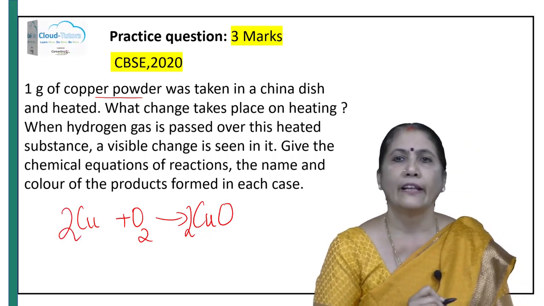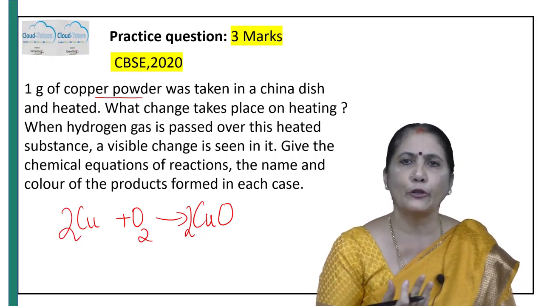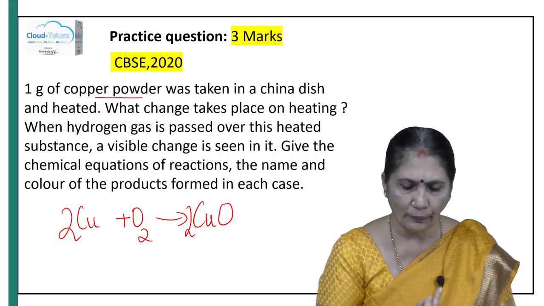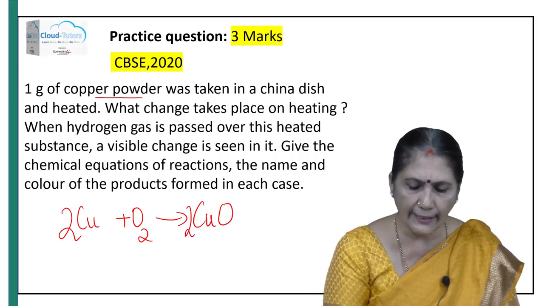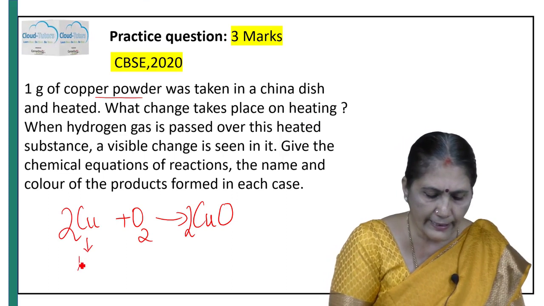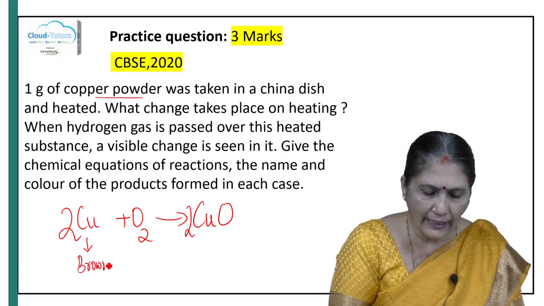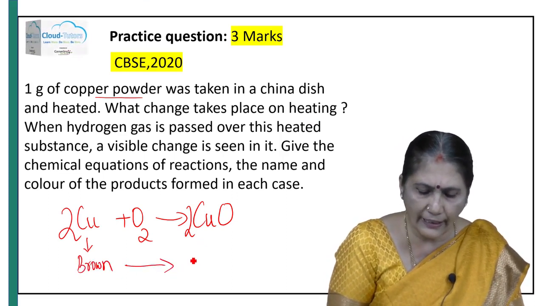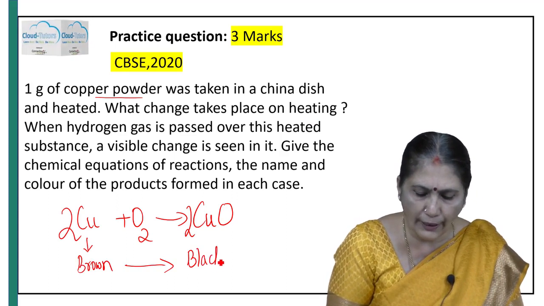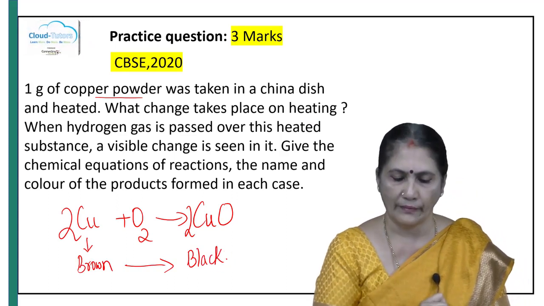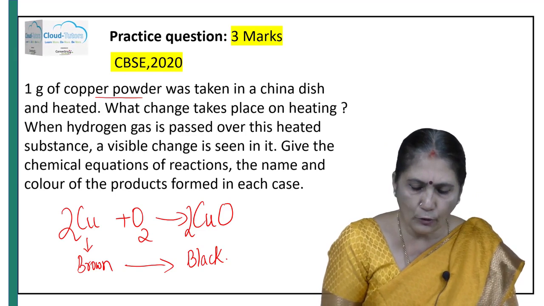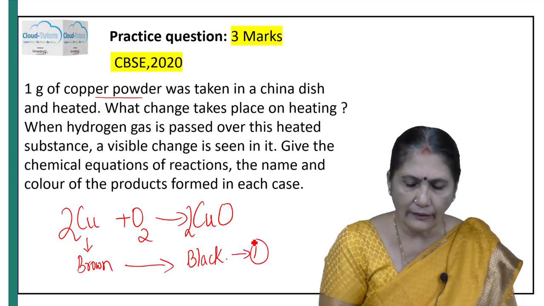So you have the balanced equation as 2Cu plus O2 gives 2CuO. What change takes place on heating? This substance was brown in color. It turned into black color cupric oxide. So you write brown to black, you get 1 mark.